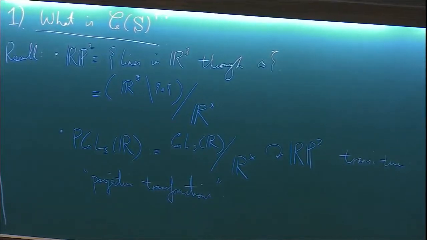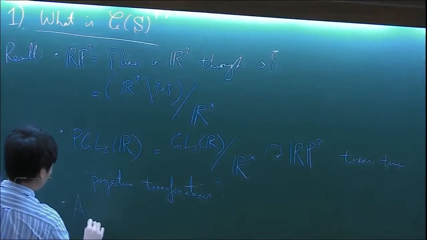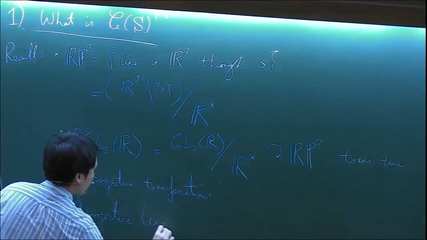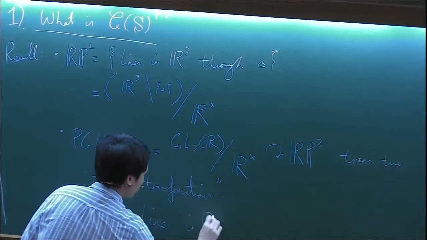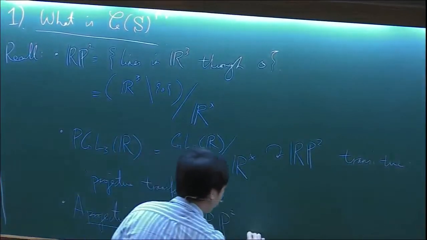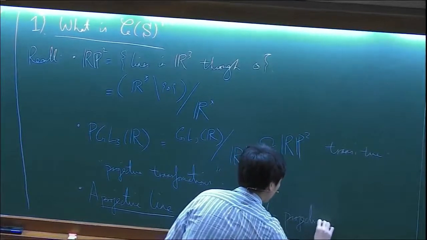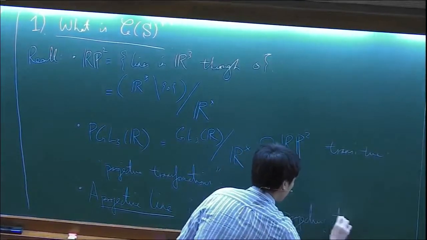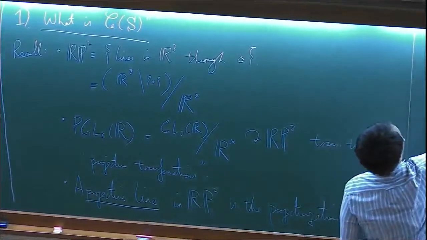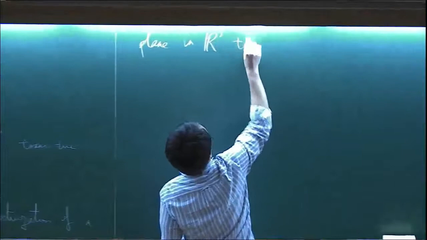One important such subset is called a projective line. So a projective line in RP2 is the projectivization of a plane in R3 through the origin.